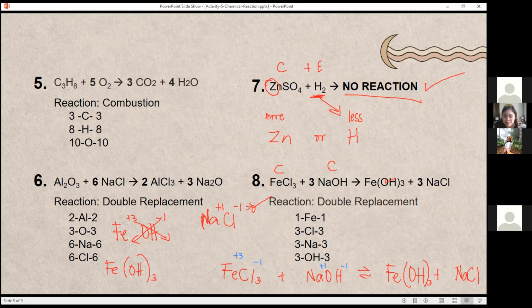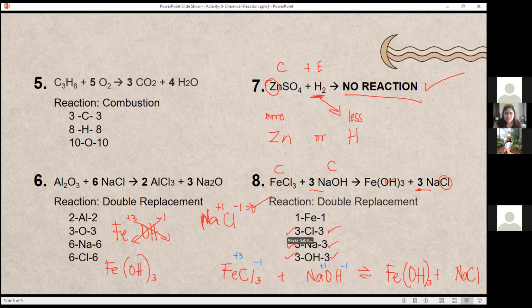So let's see if tama itong na-balance nila. 3Na. Okay. 3Na on the other side. Magiging 3NaOH. And since may subscript na OH daan, so this is also correct. Si Cl naman, naging 3 yan siya dyan, kasama kasi sila ni Na. So this is 3 here, and then may subscript siyang 3 sa kabila.